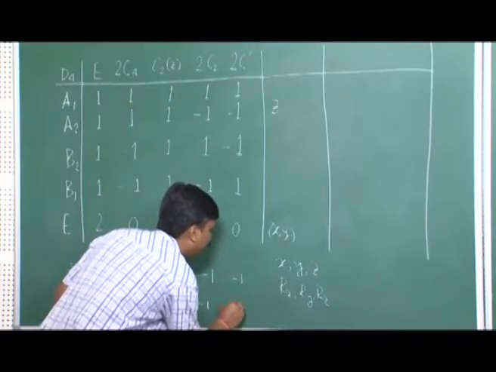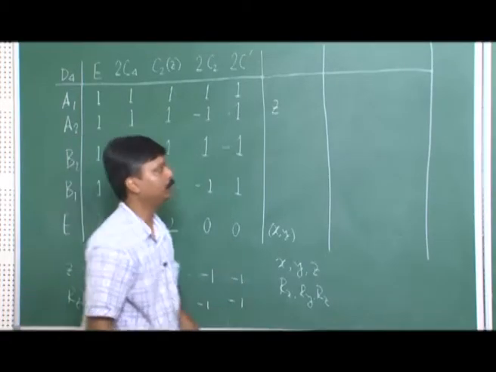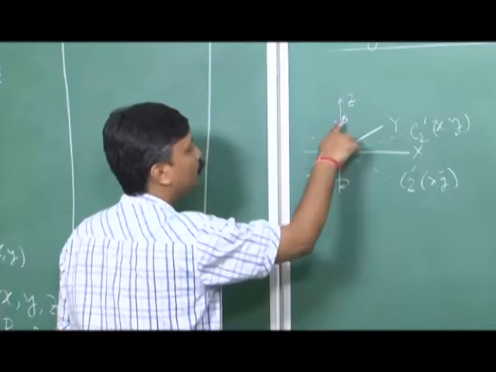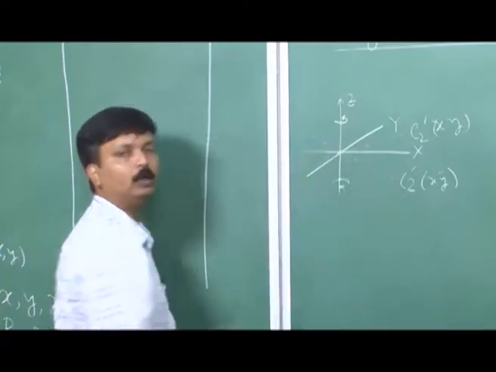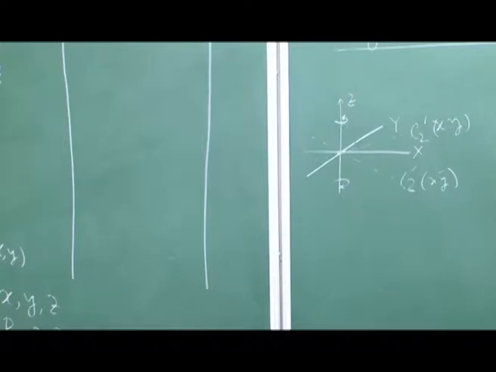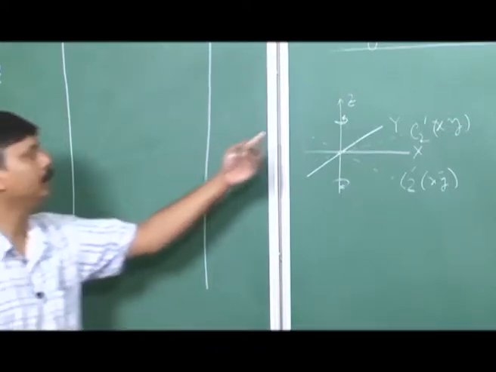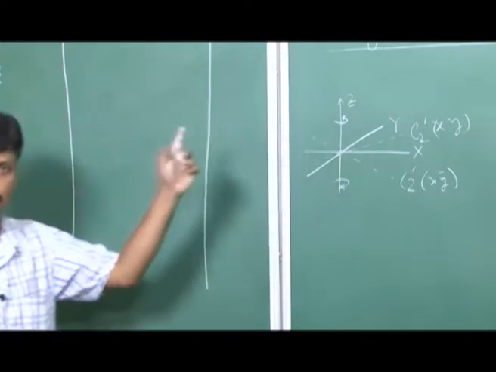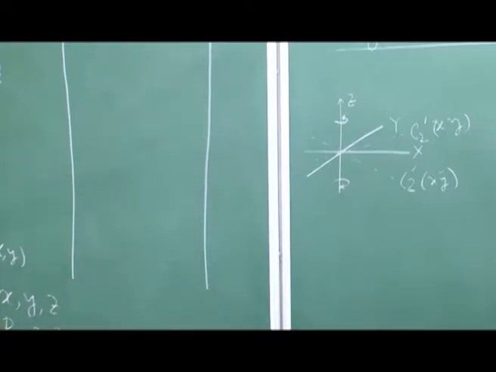So I will get -1 here, because these two will also change the directionality of this arrow here, which signifies the rotation about z axis in a particular direction.